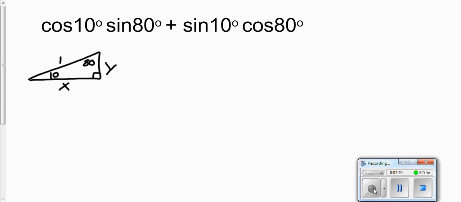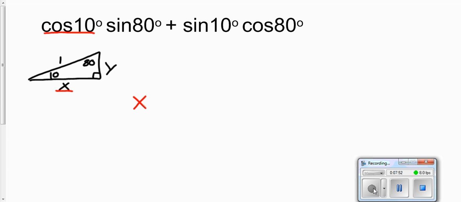I'm going to use this triangle to substitute in what I know. So the cosine of 10 degrees is going to be x. Now the sine of 80 degrees: now I'm thinking about this angle as my reference and not 10, so I'm not necessarily thinking of x and y, but I'm going to refer to opposite over hypotenuse. So sine is opposite over hypotenuse, well, that's x over 1.